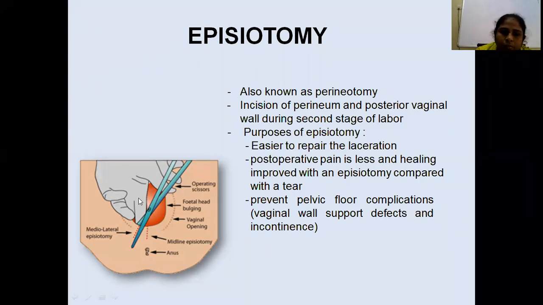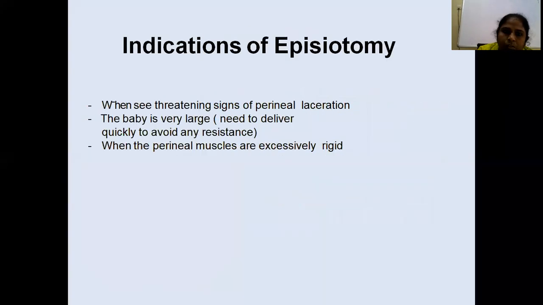Immediately after full cervical dilatation, if there is crowning, then you can give an incision on the perineum so that the head comes out easily, and immediately after the delivery of the placenta, this is sutured. This is easier, post-operative pain is less, and it prevents all these complications: fourth degree lacerations, rectal tear, anal sphincter tear, all are prevented through episiotomy.